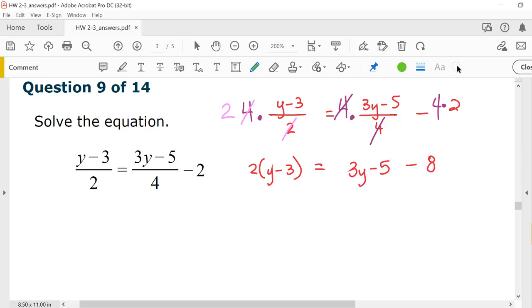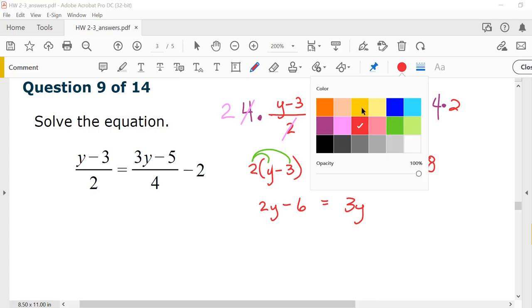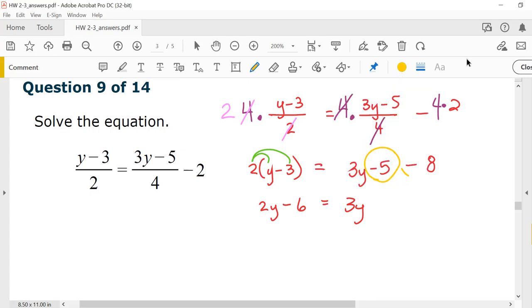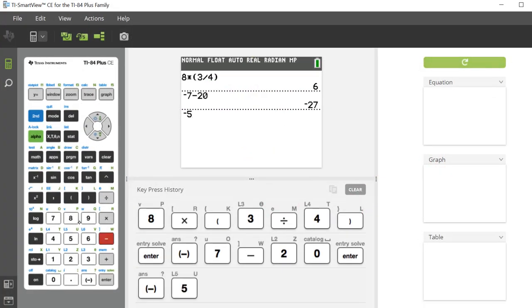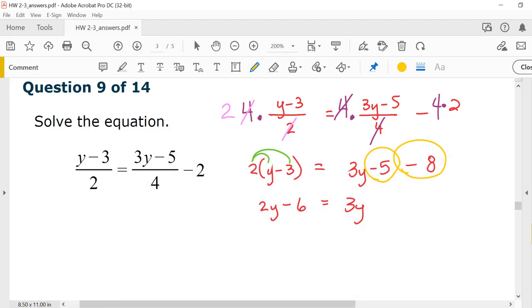On the left, I need to distribute that 2. So I have 2y minus 6 equals 3y. Combining like terms, negative 5 minus 8 is negative 13. Add 6 to both sides.